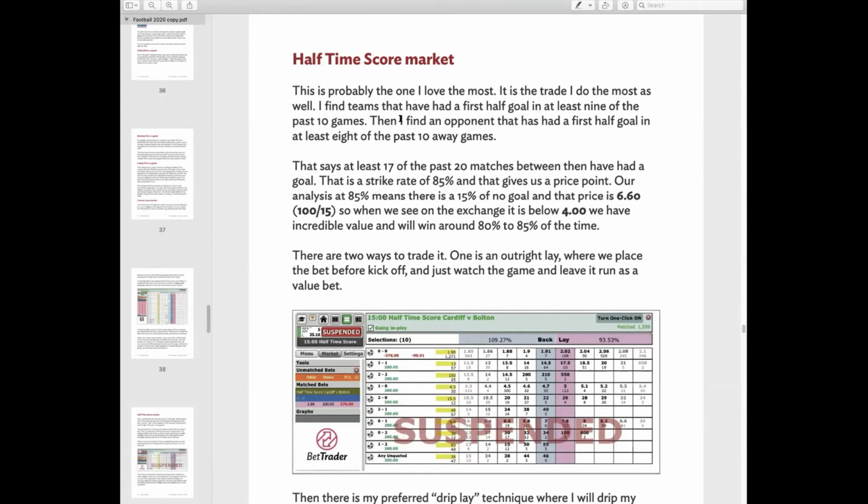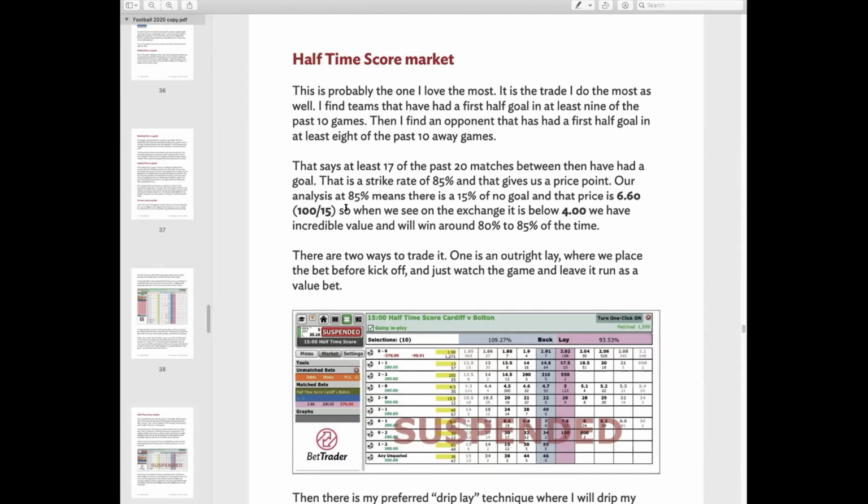When I do it, I will find a team that's had a first half goal in at least 9 of their past 10 games. I'll then find an opponent that's had a first half goal in at least 8 of their 10 away games. So that says at least 17 of the past 20 matches between them have had a first half goal. So that's a strike rate of 85%, and it gives us a price point.